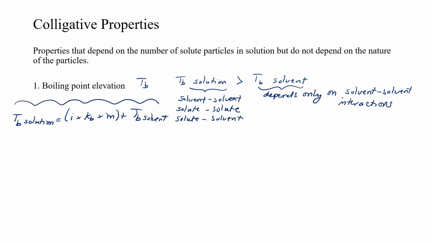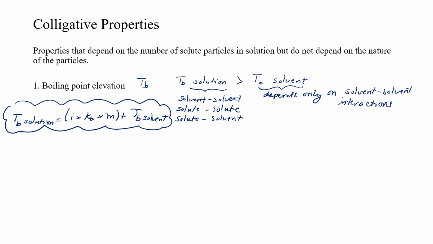We have an equation that we can use to calculate the boiling point of a solution. The boiling point of the pure solvent is something we can find on a table. That's a physical property of a substance, so we can just look it up. Now, in that equation, we have terms that we don't know yet.